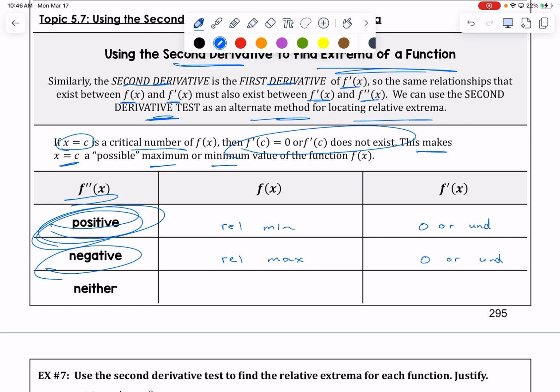And then if it's neither, what would you know? Actually, you cannot conclude at this point. If you don't know if it's positive or negative, you just can't conclude if it's a max or min. You would need more information.